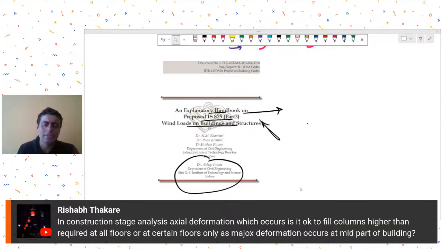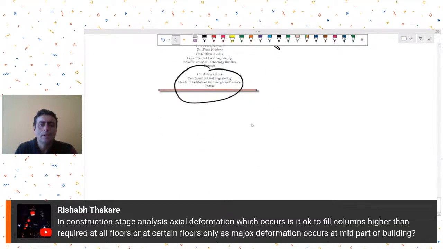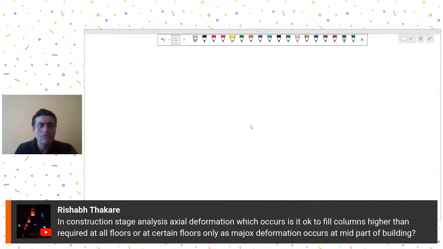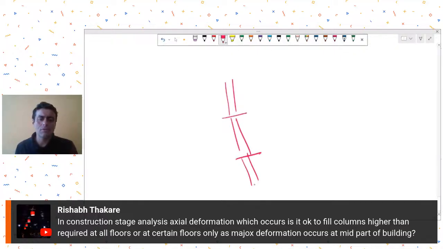Yeah, so what happens is that when we do the axial deformation, generally at every floor, let's say for tall buildings I'm talking about, you get some 7, 8 mm, 10 mm axial deformation. Of course it will increase with the number of floors. So at the lower floors you will have more axial deformation in the columns. At higher floors you will have lesser axial deformation.